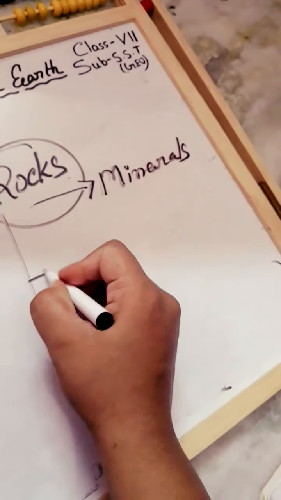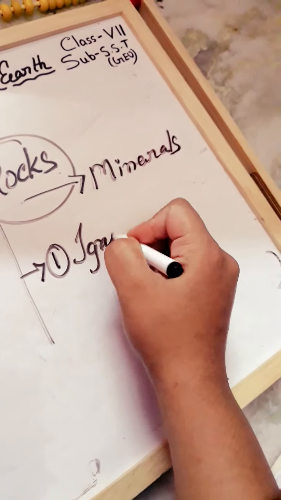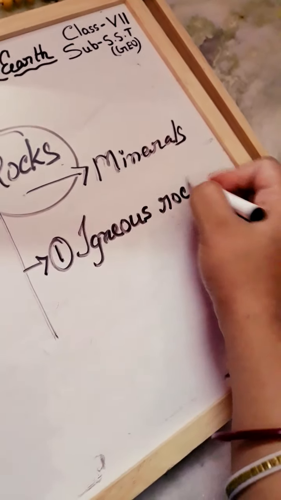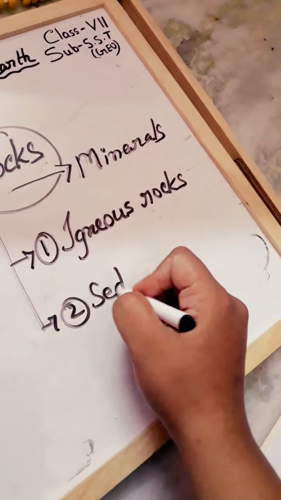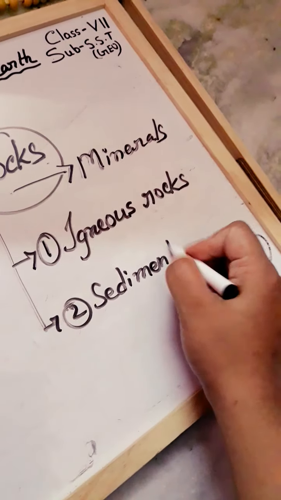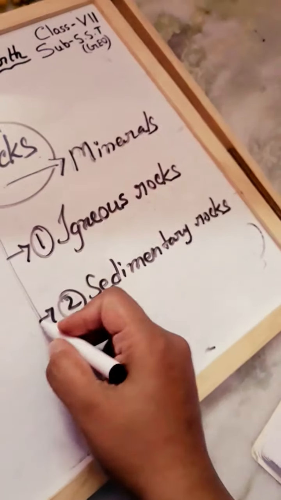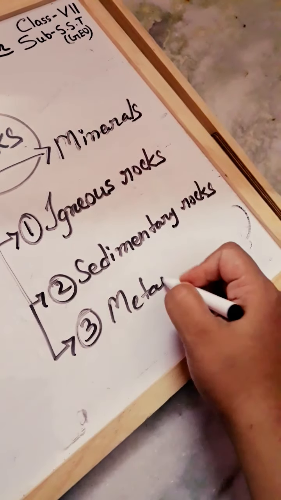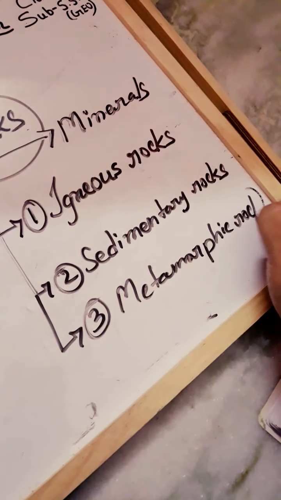Now we will discuss different types of rocks. Number 1, igneous rocks. Number 2, sedimentary rocks. And number 3, the last one, metamorphic rocks.